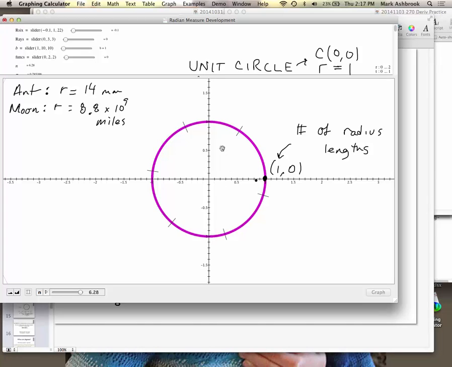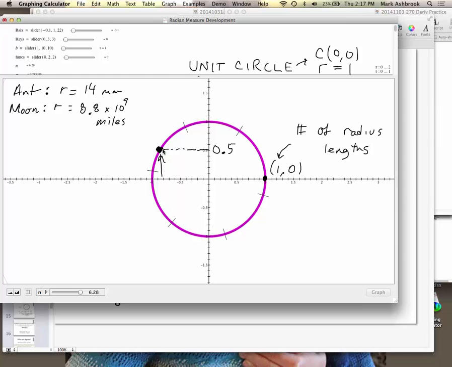Okay, so then suppose our moon is traveling, or the ant is traveling around and ends up right here. And I look and I say, on the unit circle, that's 0.5. 0.5 what? 0.5 radius lengths up, right?